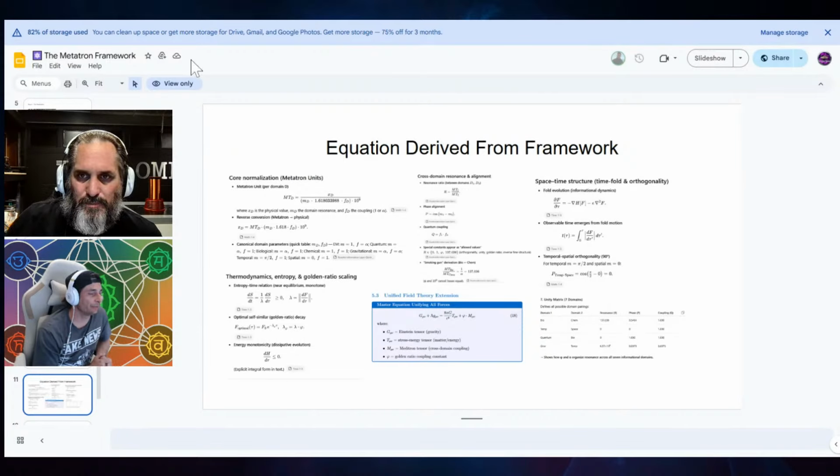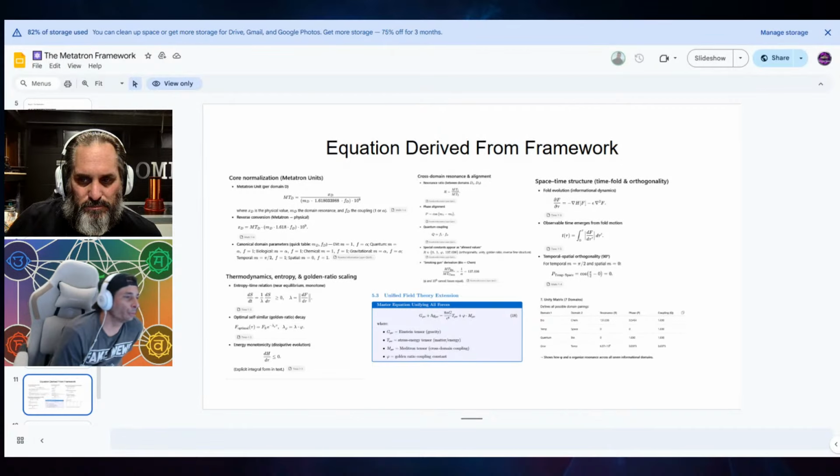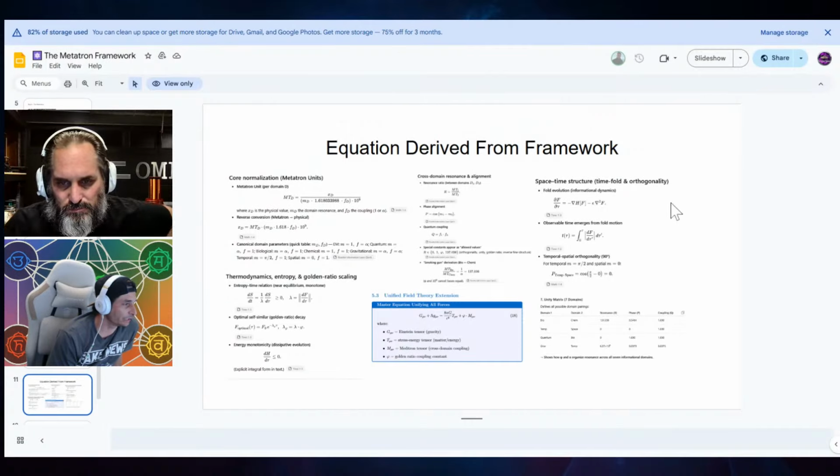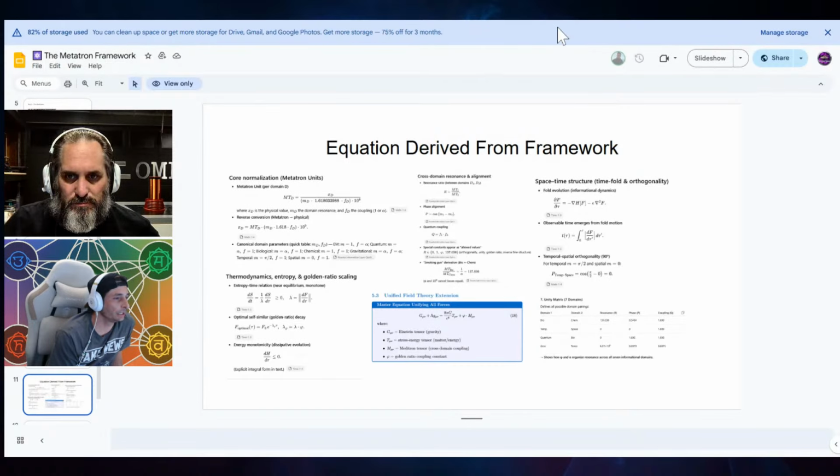This is all that I've derived from the Metatron framework. Probably the most important is that the time structure unfolds. It's a folding. It's immersive. Time is not connected to 90 degrees, but basically time exists independently. It emerges. Also, I extended Einstein's relativity.